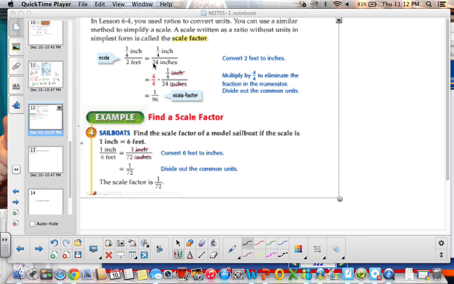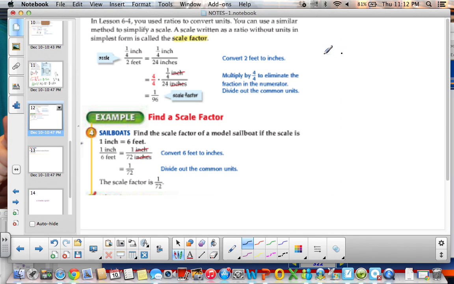So 1/4 over 24. 1/4 divided by 24 would be the same as multiplying by 1 over 24, because you would flip it, the reciprocal of it. So 4 times 24 equals 96. So we end up with 1/96. So that would be our scale factor.